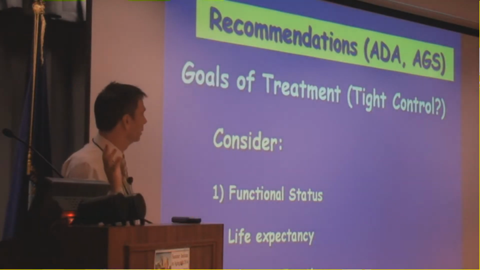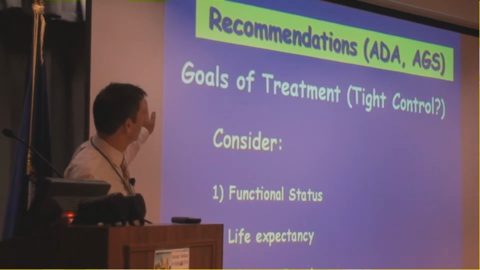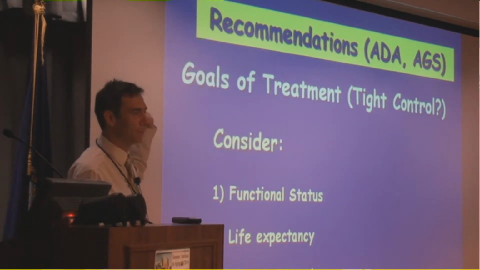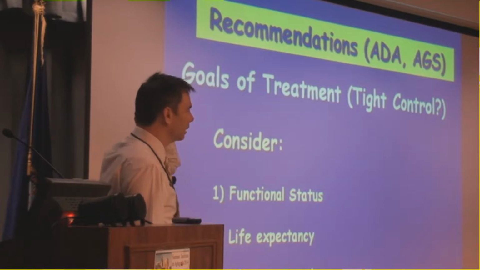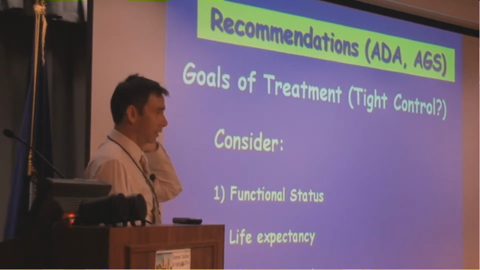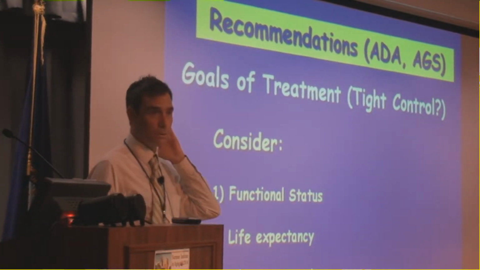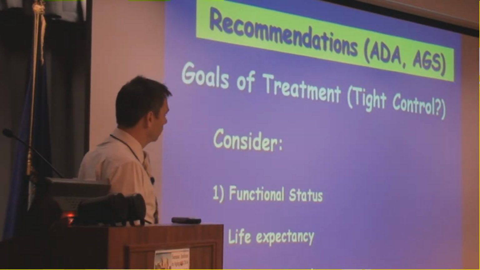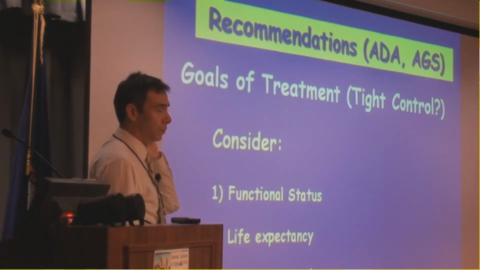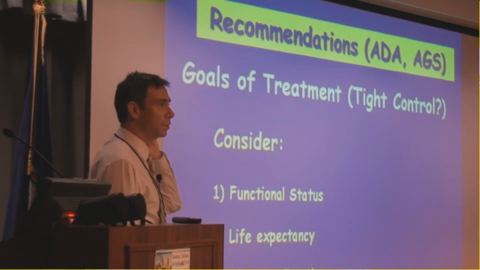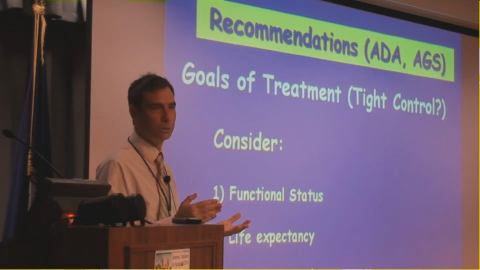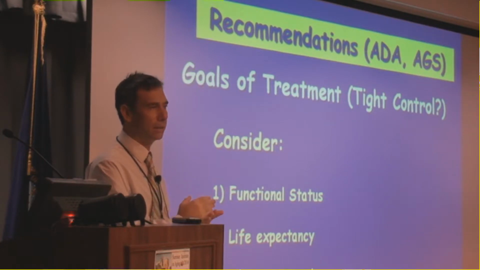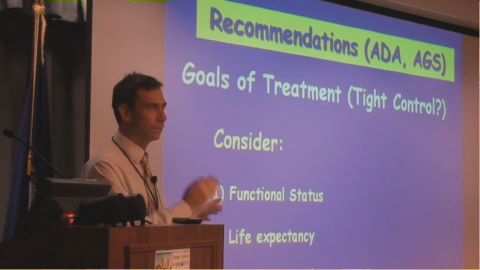Those are some recommendations from the American Diabetes Association and the American Geriatric Society, joint recommendations. When trying to decide whether to treat an older person for diabetes, there are many things to consider. Not only whether to treat or not, but how tight the control should be, right? Are you going to take a person who's 100 years old and have their hemoglobin A1C at 6.5?